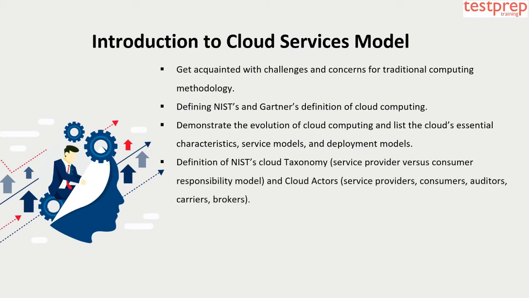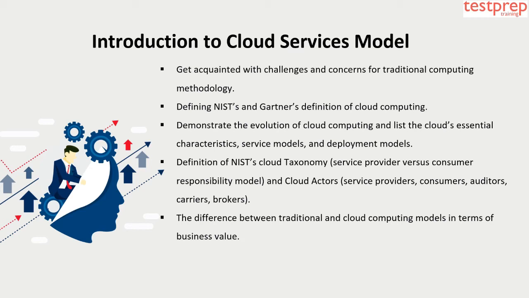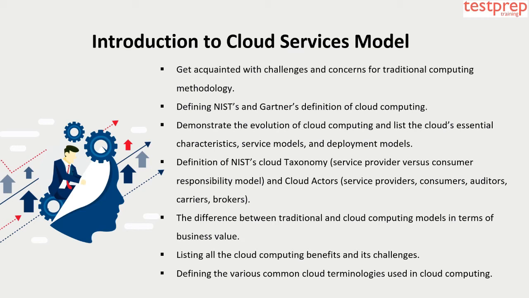Definition of NIST's cloud taxonomy, service provider versus consumer responsibility model, and cloud actors: service providers, consumers, auditors, carriers, brokers. 5. The difference between traditional and cloud computing models in terms of business value. 6. Listing all the cloud computing benefits and its challenges. 7. Defining the various common cloud terminologies used in cloud computing.